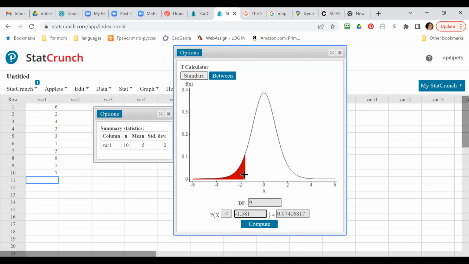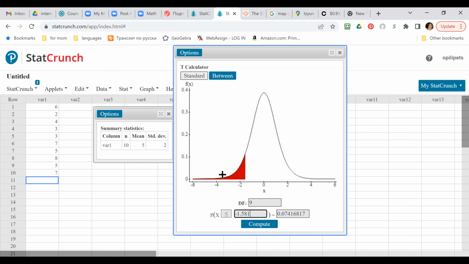So the area to the left of that t-value is 0.074. That's our p-value. So the p-value is 0.074.